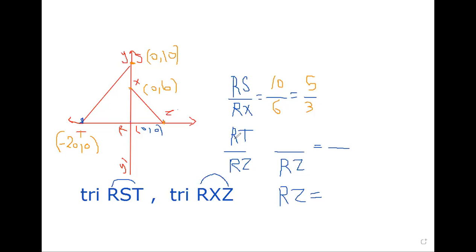In distance, we will not say negative, so it will be equal to 20. And the scale factor should be 5 over 3. Then 3 times 20 is 60, divided by 5 equals 12. So the point Z in this case would be 12 and 0. Okay, understood?